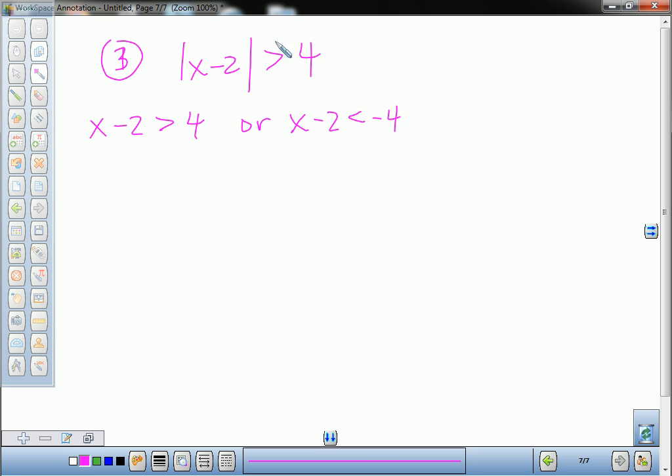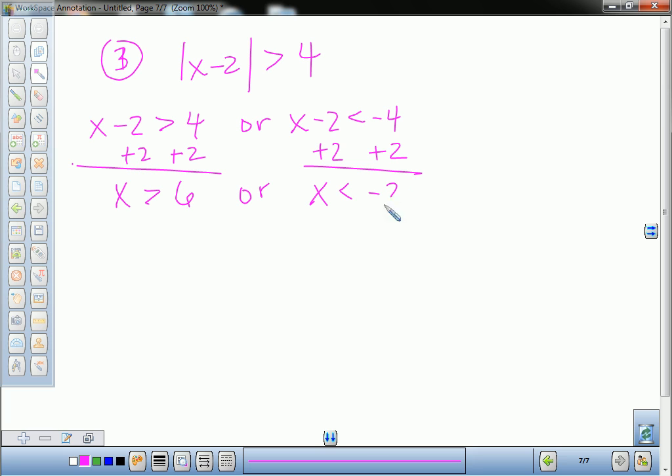So when we have inequalities, the first one's the same, the second one switches the sign of the number and changes the inequality. And then you just solve. Now remember, when we solve inequalities, if we have to multiply or divide by a negative in order to solve, then we would switch the direction of our inequality.